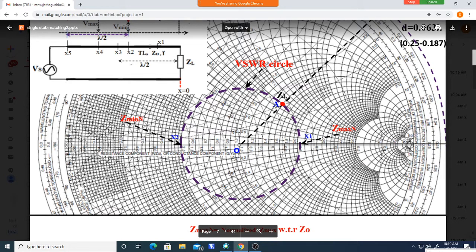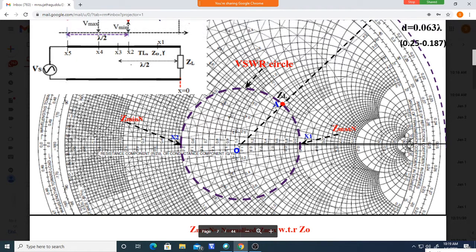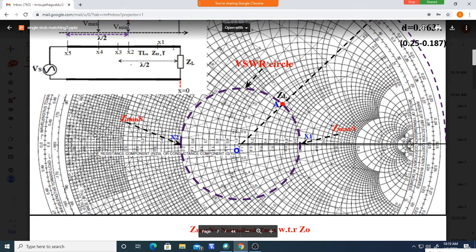So you move like this, and wherever it intersects the G is equal to 1 circle you stop. There admittance is 1 plus or minus jB, that means G is equal to 1. So like that you can see at what distance those admittances are.